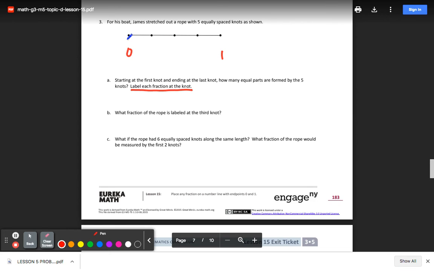So we have 0. There's 4 parts. 1 fourth, 2 fourths, 3 fourths, and then 4 fourths, because 4 fourths equals 1. So we can say in number 4 that there are 4 equal parts.